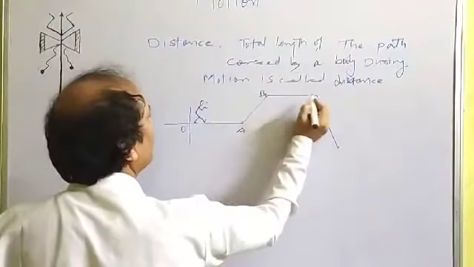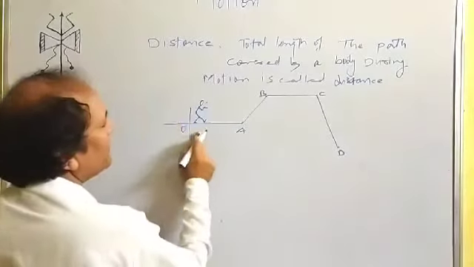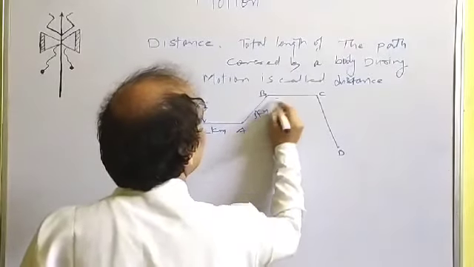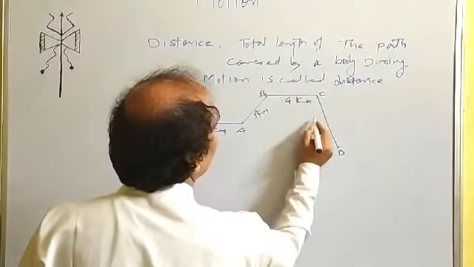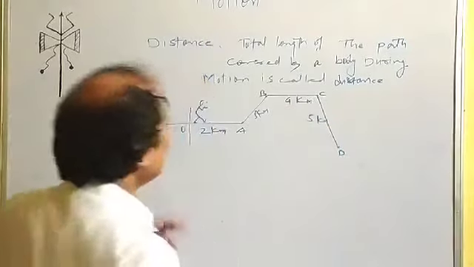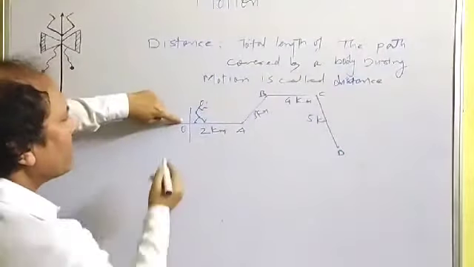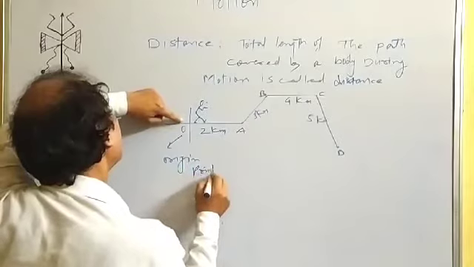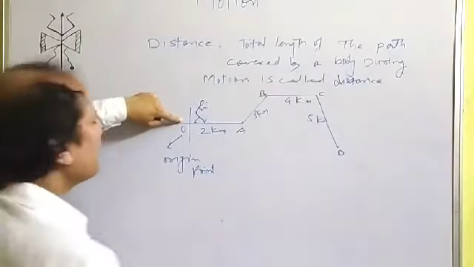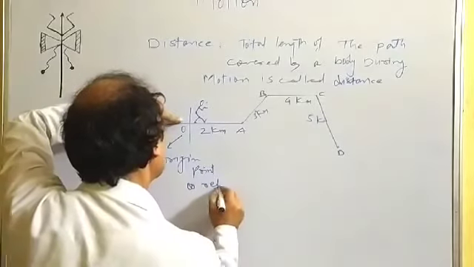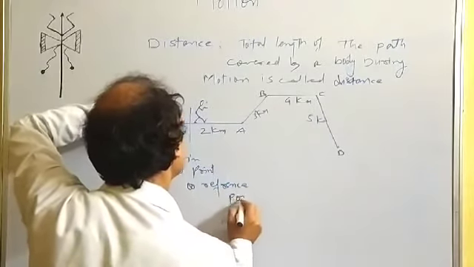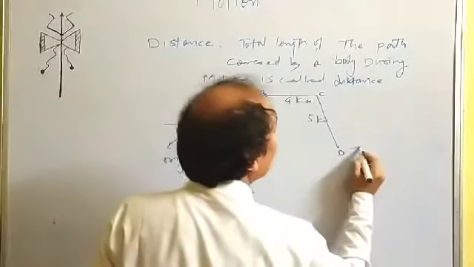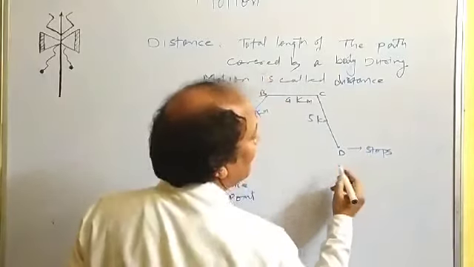So A, B, C, and D. Suppose this distance is 2 kilometers, here to here 3 kilometers, here to here 4 kilometers, and 5 kilometers. So suppose a person starts from here, that is the origin point, otherwise the reference point. And here this person comes and stops. So here will be the station point.